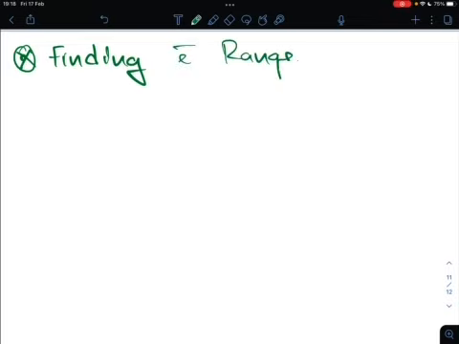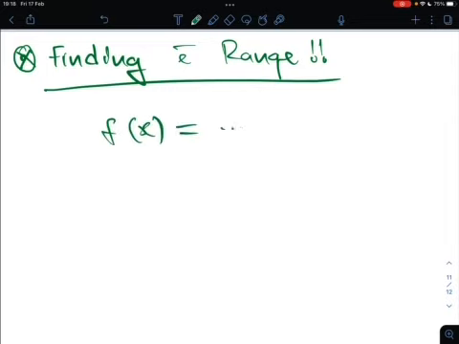Most of the time, when we have a representation of a function explicitly, it always comes in the following form: f of x is equal to some expression that comes afterwards.